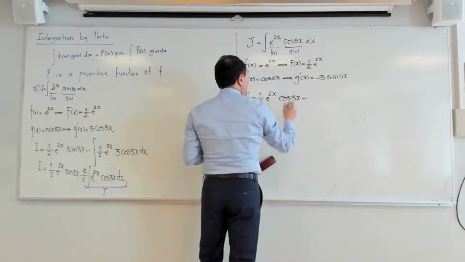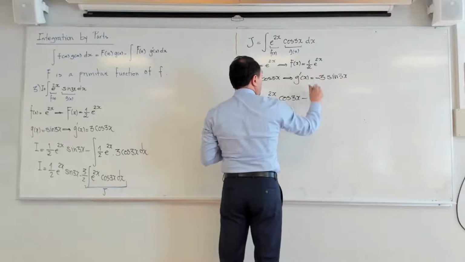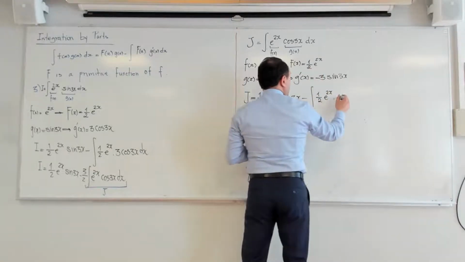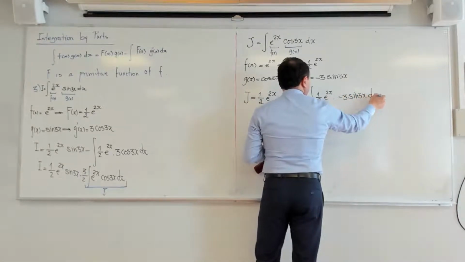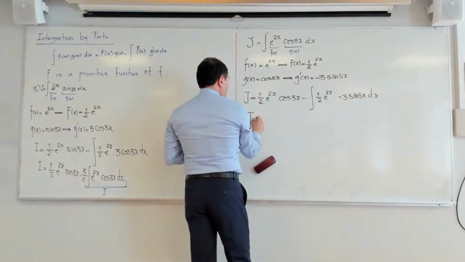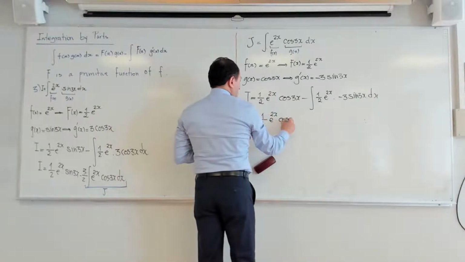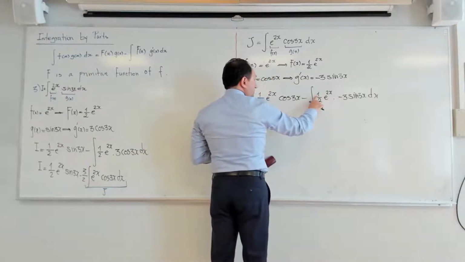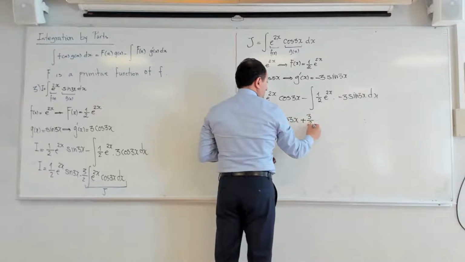And then you have minus the integral of capital F, which is this function, multiplied by negative 3 sine 3x dx. So this means that j is equal to 1 over 2 e to power 2x cosine 3x. And then this minus 3 times 1 over 2, it becomes minus 3 over 2. I pull it out, it becomes positive 3 over 2.